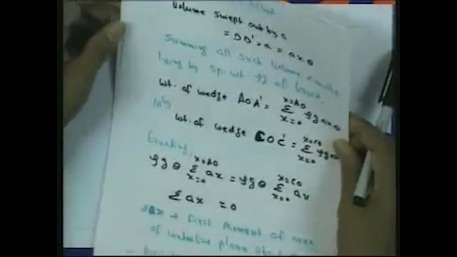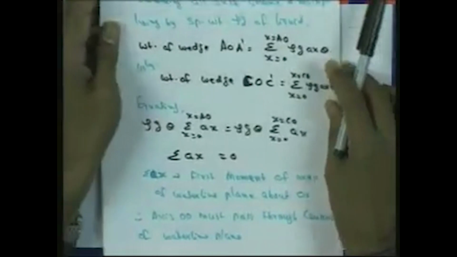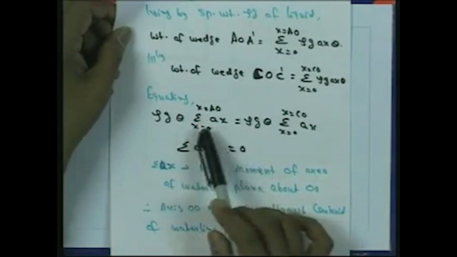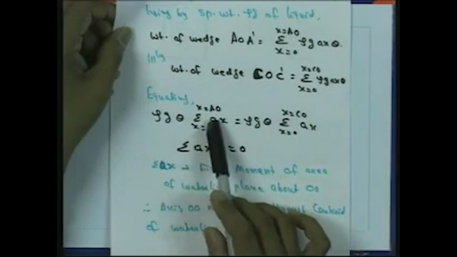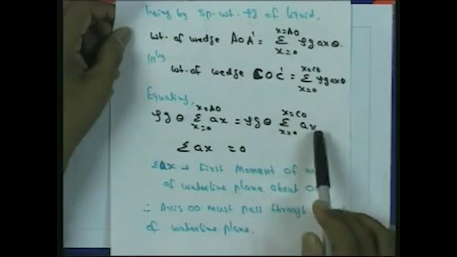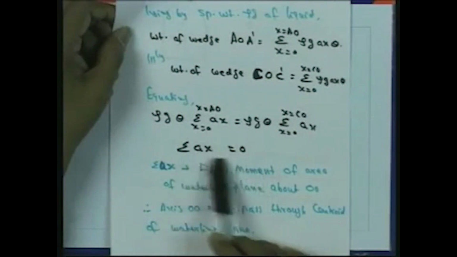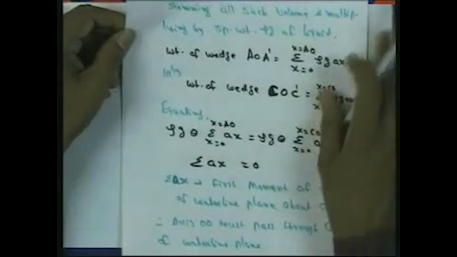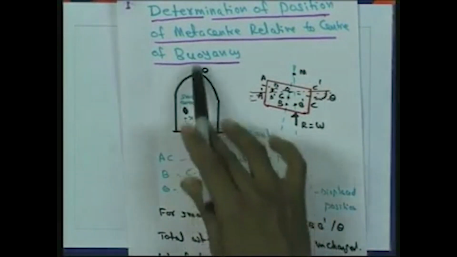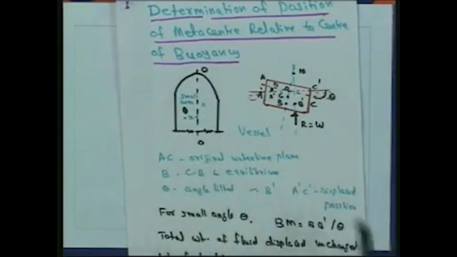So we get rho g theta into sigma x equal to 0 to AO of Ax is equal to rho g theta sigma x equal to 0 to CO of Ax. So we can finally write sigma Ax is equal to 0, where A is the small area which we have considered, and x is the distance from the center line of the vessel.